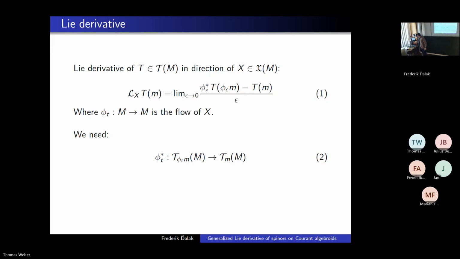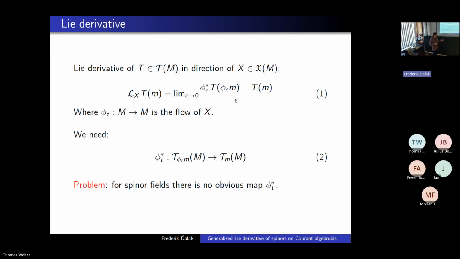But now, if you think about the spinor fields on the manifold, this actually becomes a problem because there is no obvious analogy for this pullback map for the case of spinor fields at different points, right? Because if you think about the structure of spinors, spinors are defined for a certain metric on a certain vector space.